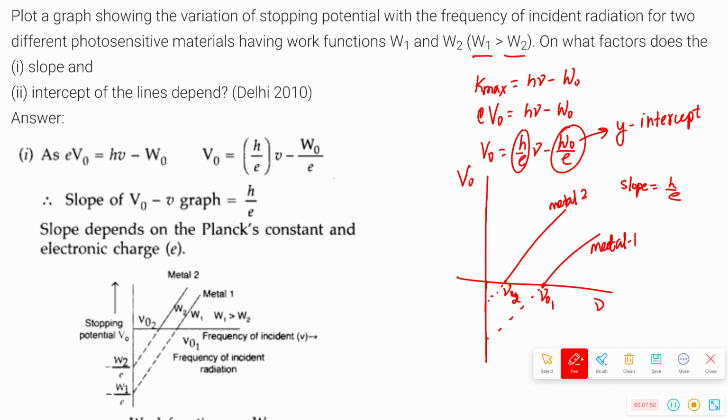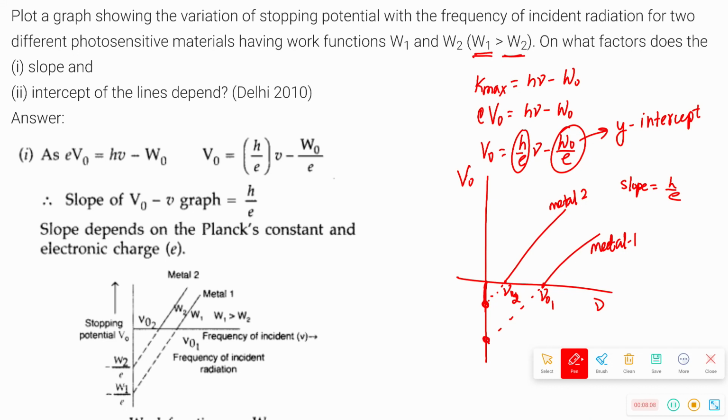Now all of you listen here, they are telling W1 is greater than W2, yes or no? If W1 is greater than W2, what can you do here? If you see this intercept, here the work function comes.